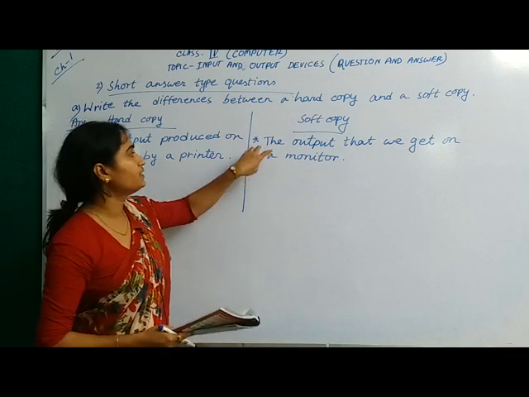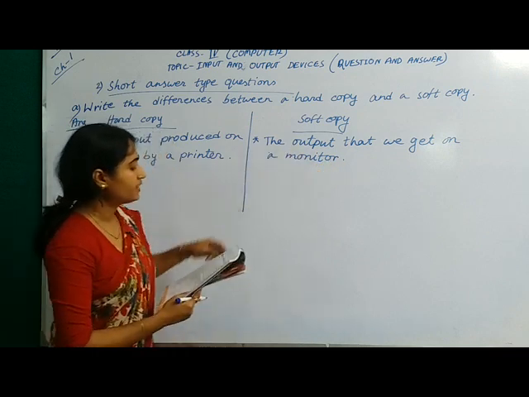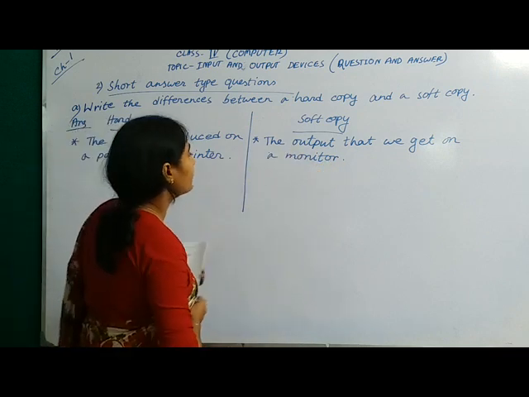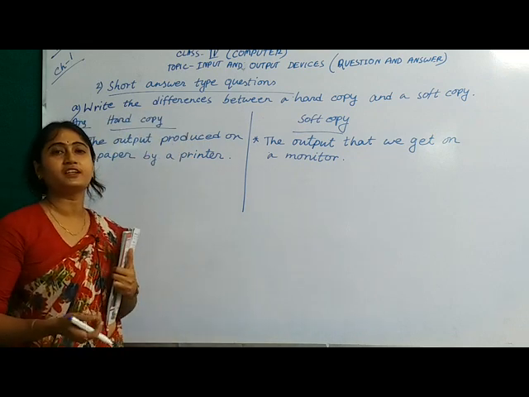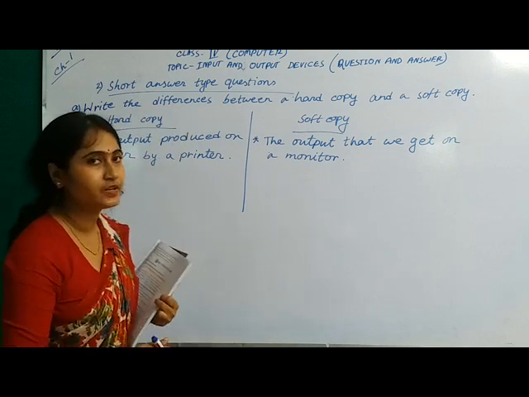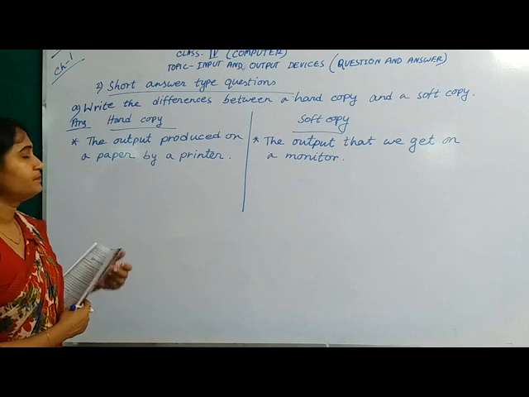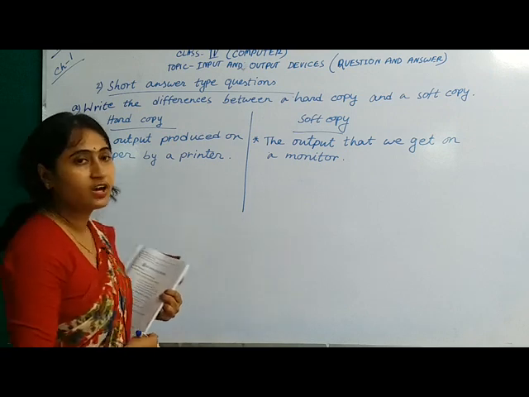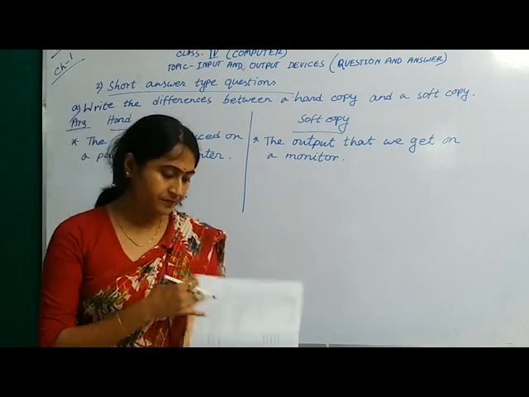What is soft copy? The output that we get on a monitor. Whatever we can see on the monitor, that is called soft copy, and when we take a printout, that is called hard copy.